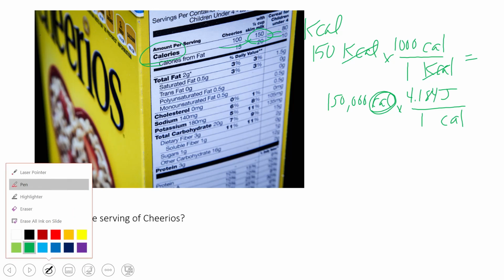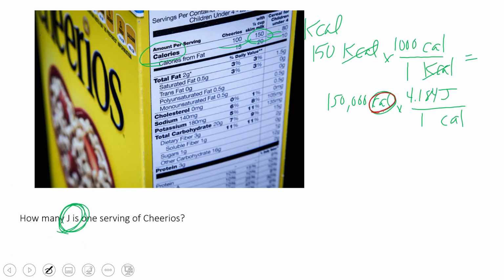Again, make sure that our calories and calories are diagonal from one another to cancel out. That's the conversion factor that we need. So we're going to take my 150,000 times 4.184 to get 627,600 joules.